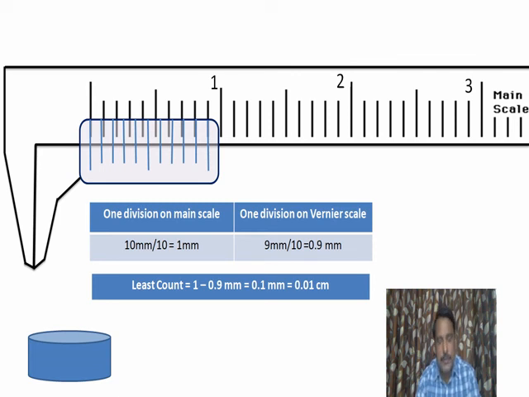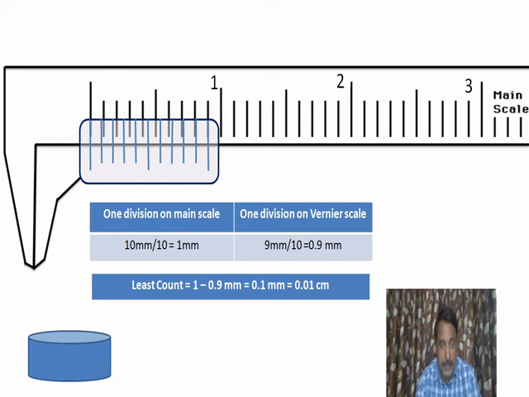So least count is basically the difference between the division of main scale and Vernier scale, that is 1 minus 0.9 mm, that is 0.1 millimeter, or if you are expressing it in centimeters, it is 0.01 centimeters. And if you use the formula that you typically use, it also leads to the same value, but that formula does not clearly state how you got it.